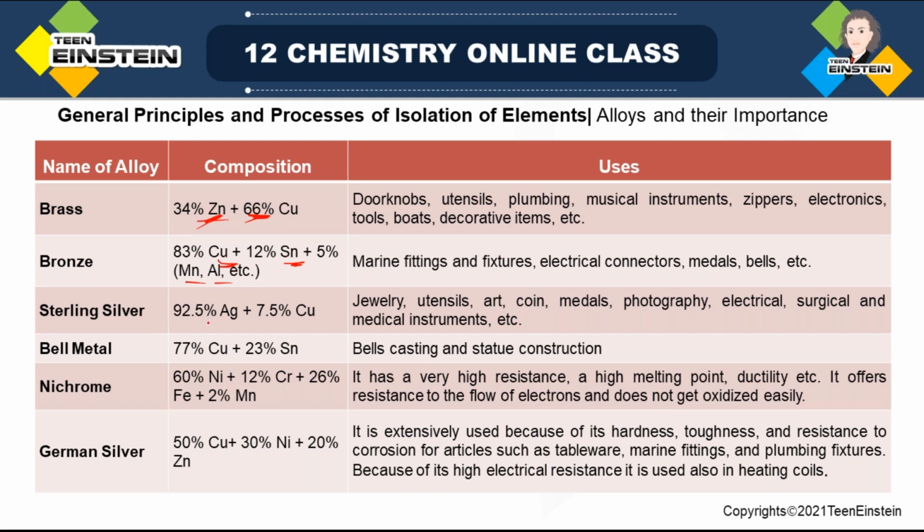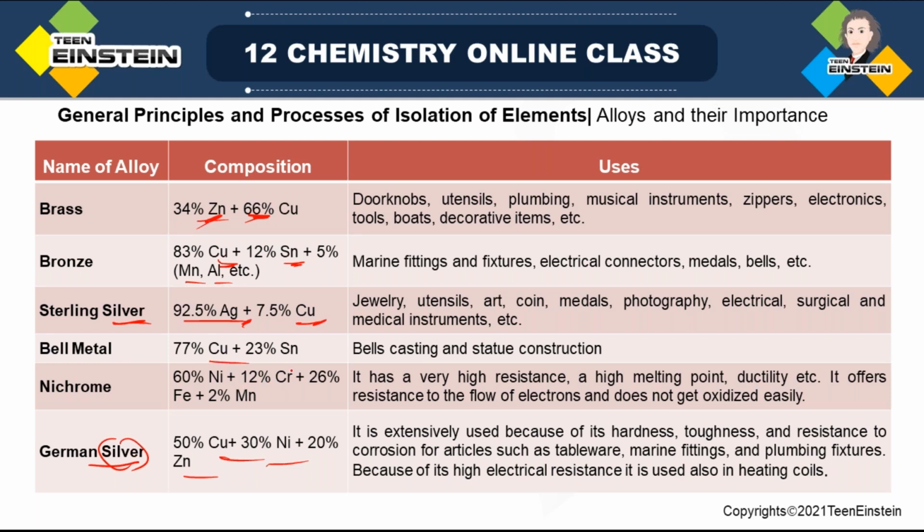Then sterling silver, from the name you can understand it is mainly silver, but it is not always necessary. If silver is mentioned, silver has to be present? That is not important, because see, German silver, here also there is mention of silver, but in this you do not have any silver. Okay, only in sterling silver it is matching, and a very low amount of copper.